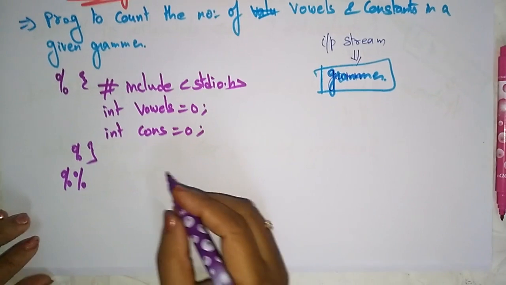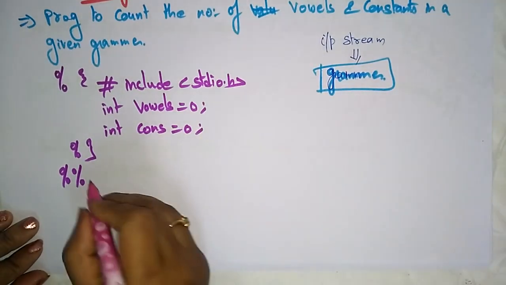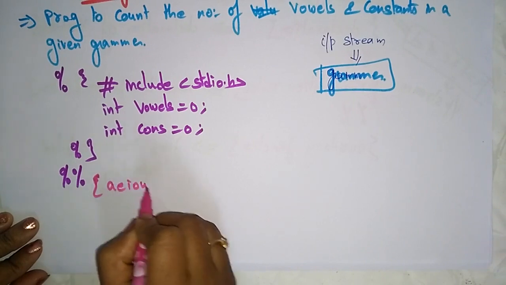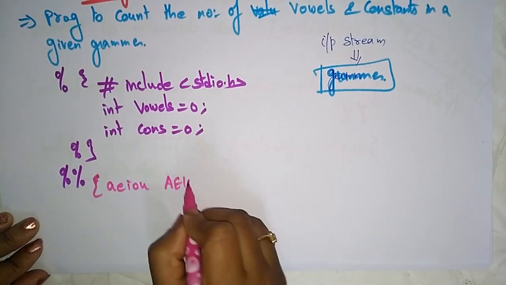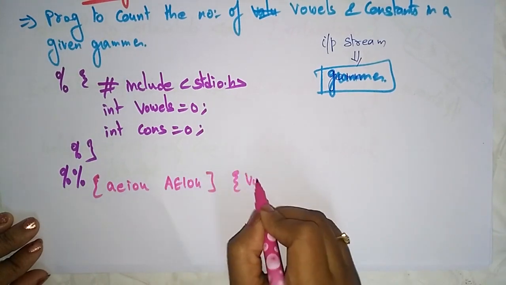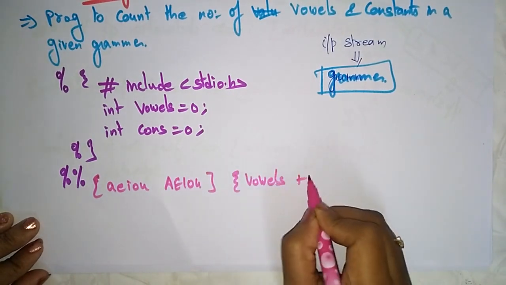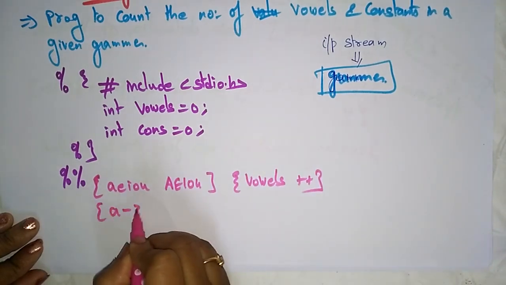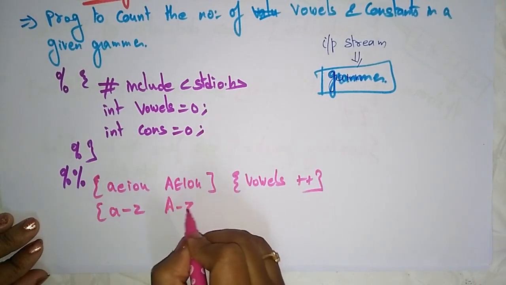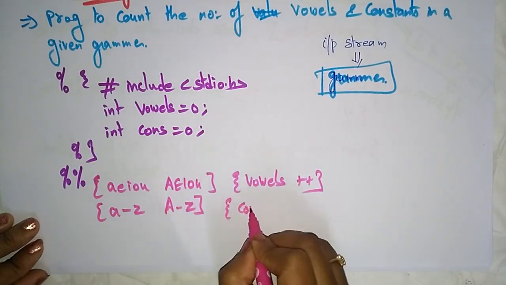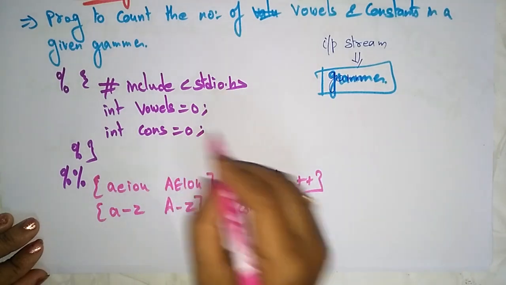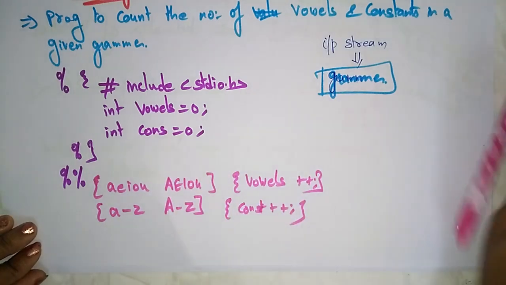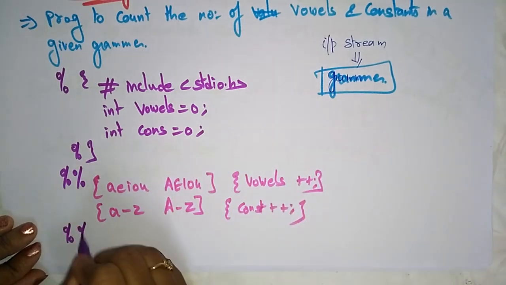The translation rules: for vowels, either small letters a, e, i, o, u or capital letters A, E, I, O, U, then vowels++. And a consonant should be in the range of small letters a to z or capital A to Z, so anything else is a consonant, then consonants++. Then close the translation section.